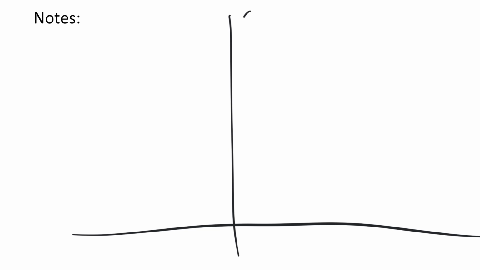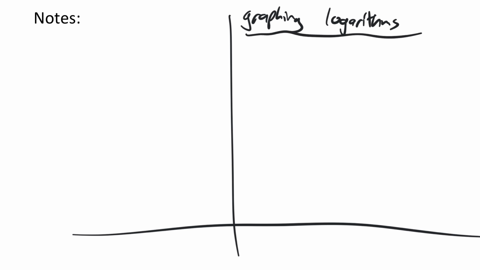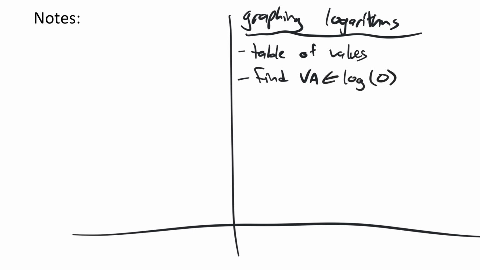All right, let's go ahead and take some notes on this. So this is graphing logarithms. The basic method is to use a table of values. You have to find the vertical asymptote, which is always where you have log of 0. That's going to give you your vertical asymptote.